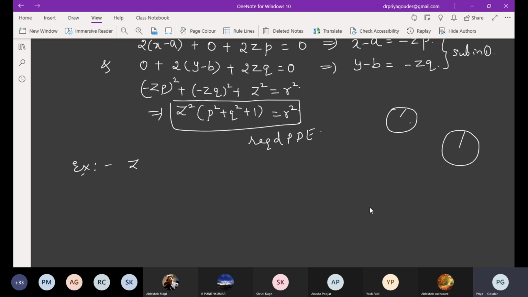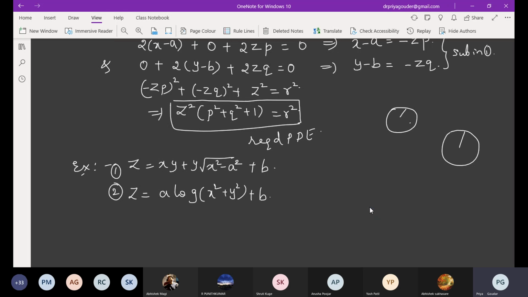Now you can take some homework examples and try to solve them. It is easy, no need to worry. You may expect one question from this part, because on formation we have two categories, and from each you can expect one question. For example, z equal to a log of (x square plus y square) plus b.